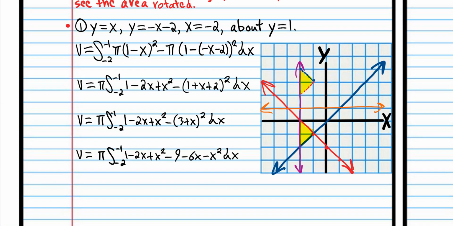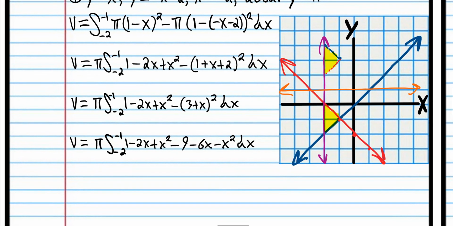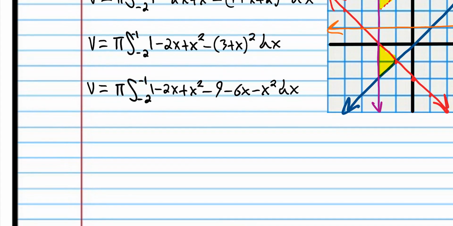Okay, so there we go. So we're just double checking all that. And everything looks good. So the x squareds are going to cancel out, it looks like. And so we're going to have negative 8 minus 8x dx.